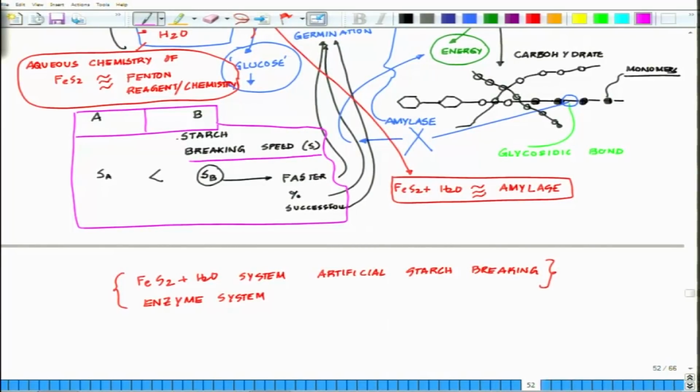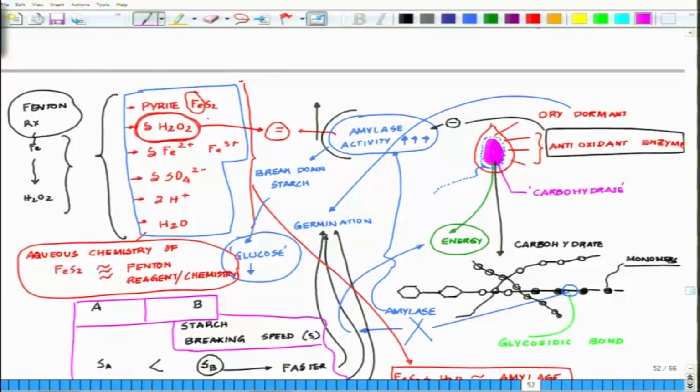higher starch breaking speed. So, automatically B will be performing faster and will be more successful. That is precisely what is happening when FeS2 in the presence of water is generating trace amounts of hydrogen peroxide, which is mimicking amylase activity, and it is chopping off these glycosidic linkages and generating energy faster.